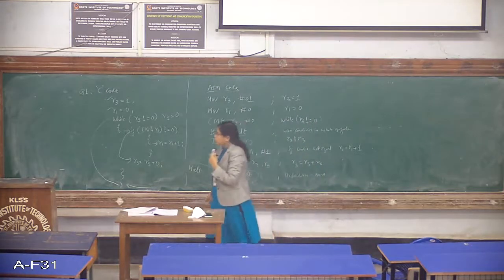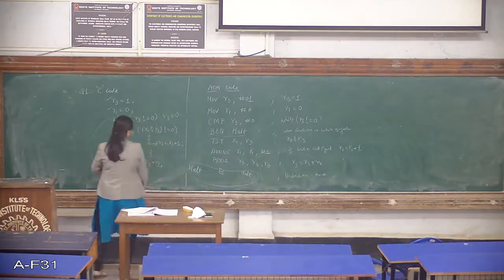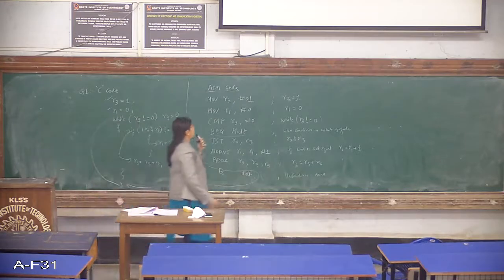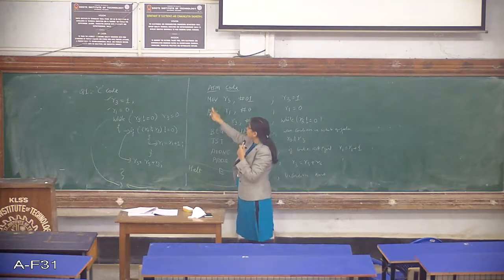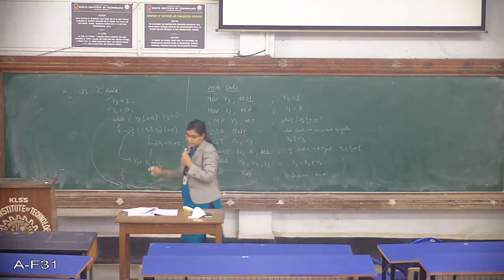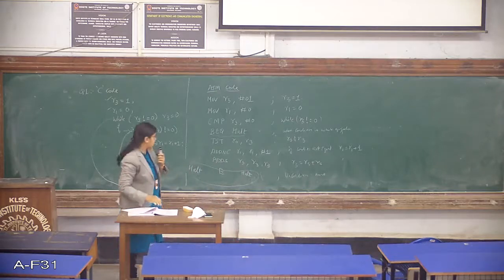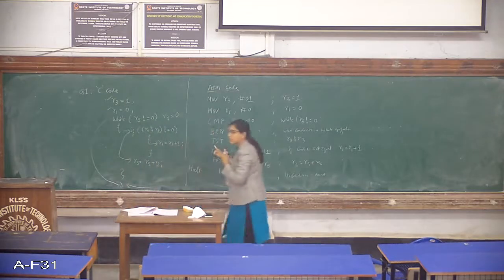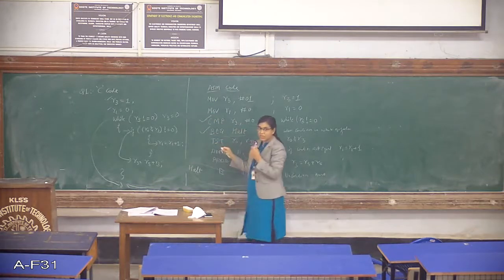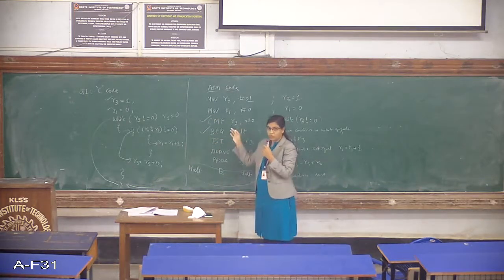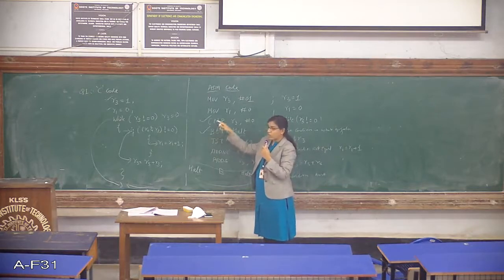So in the document you need to make slight changes here. In the document which has been circulated, after the move instruction, it has been directly given as TST. So these two instructions have been missed out from there. So just have a note and make the changes in that same document.